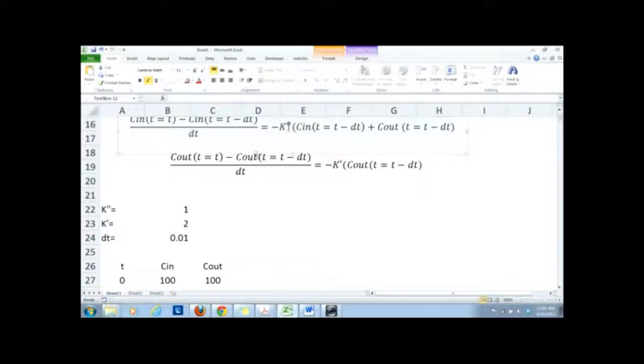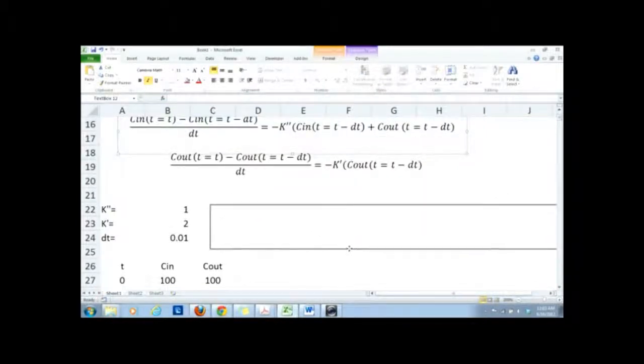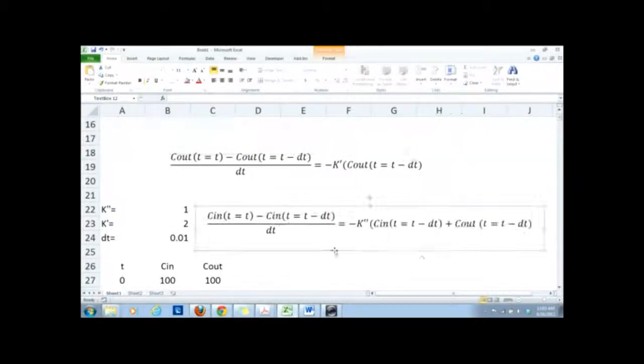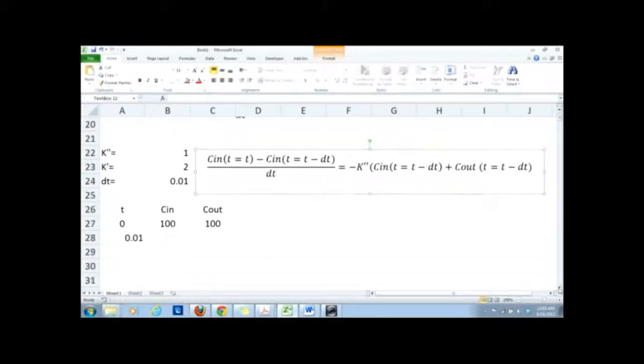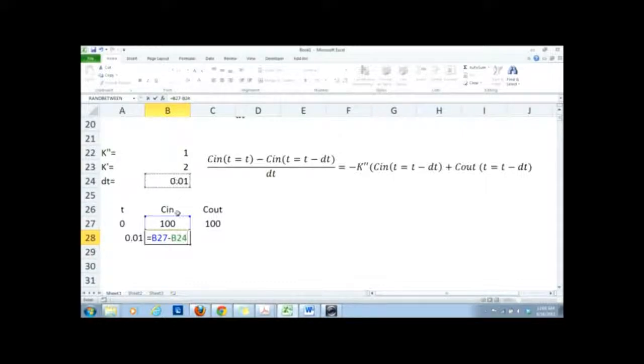Let me grab the differential equation here. So I'll say C in is equal to C in at t minus dt, minus dt. This is dt, and I put a dollar sign again, and then into K double dash.